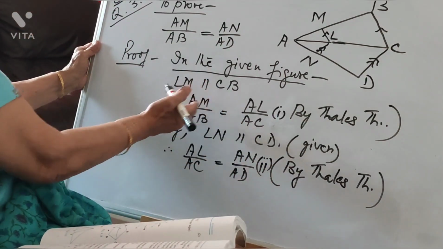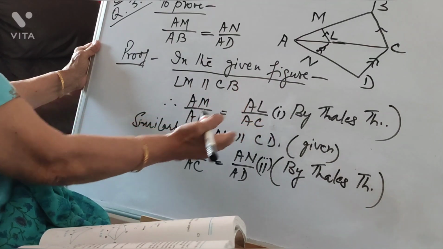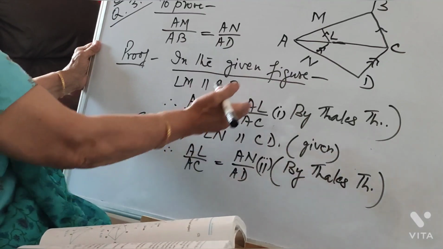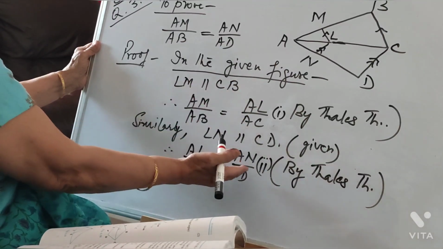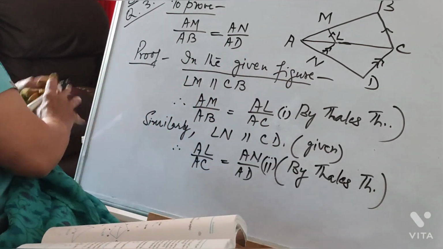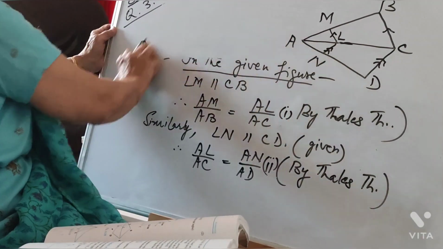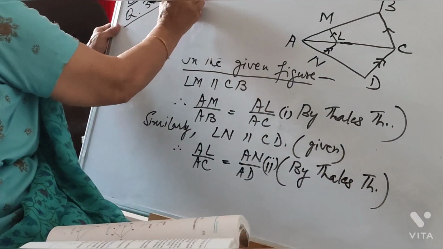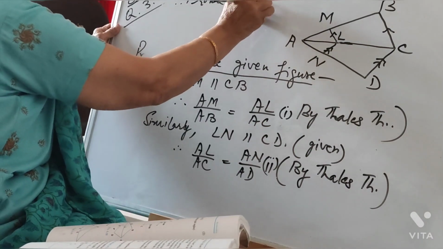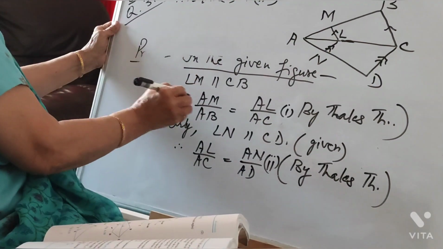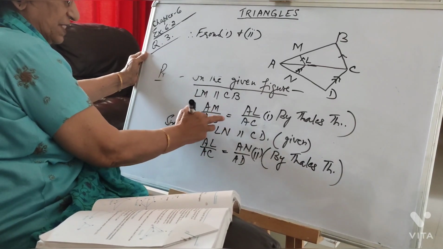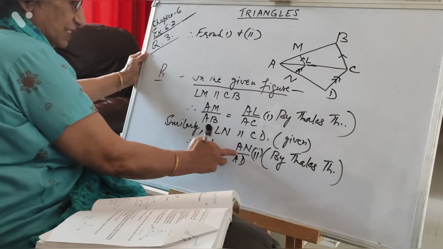Now, अब आप देखते हो AM over AB is equal to AL over AC, but AL over AC is equal to AN over AD. तो इसका मतलब है दोनों में AL over AC कॉमन हो गया, कट गया. Therefore, from first and second, AM over AB is equal to AL over AC, and AL over AC is equal to this.